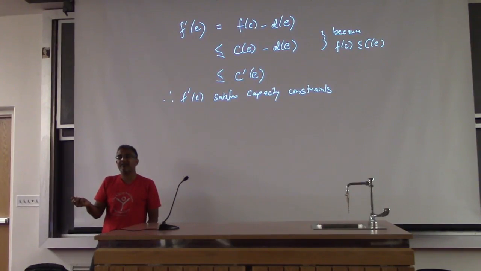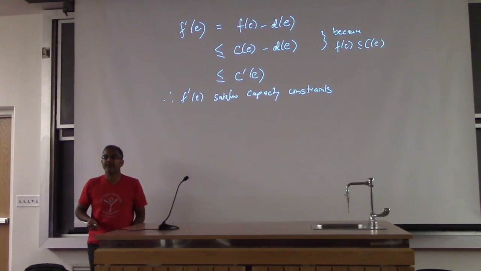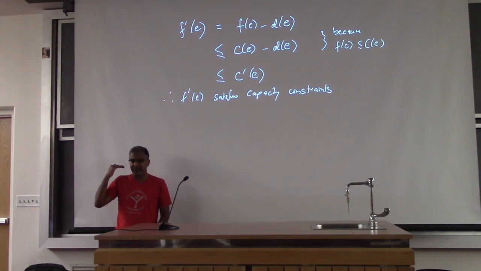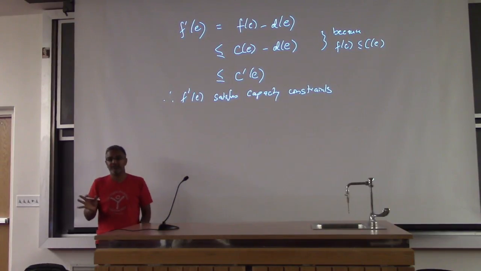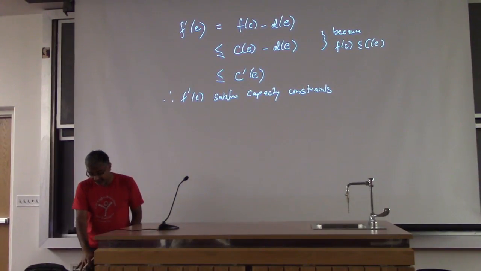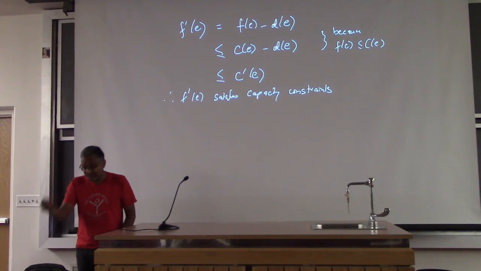It's even simpler: if the demand is negative, it's saying the flow should be at least minus something, so as long as I can make sure my flow is at least 0, I'm happy. But in the regular max flow situation, the flow is always at least 0, so this is a trivial reduction of max flow. The only cases where you have problems with the flow is when the demand is positive. So this is a formal statement.